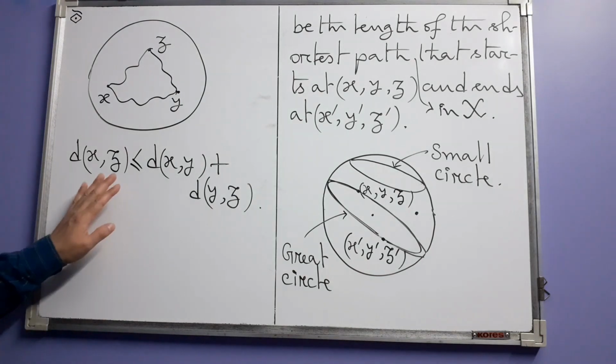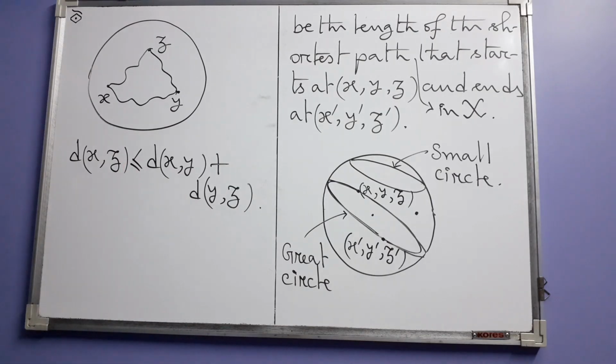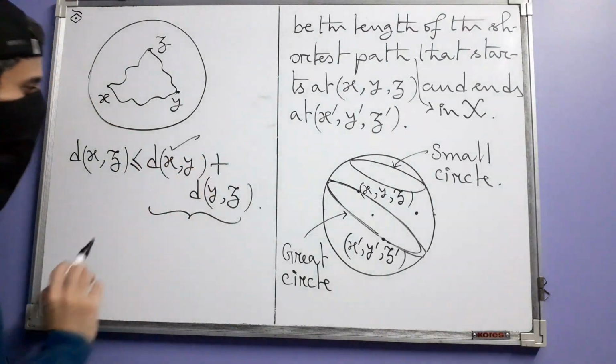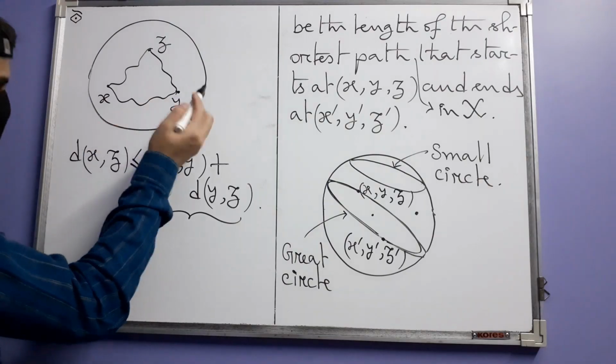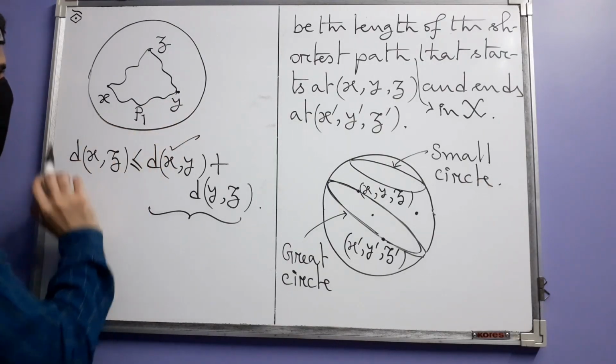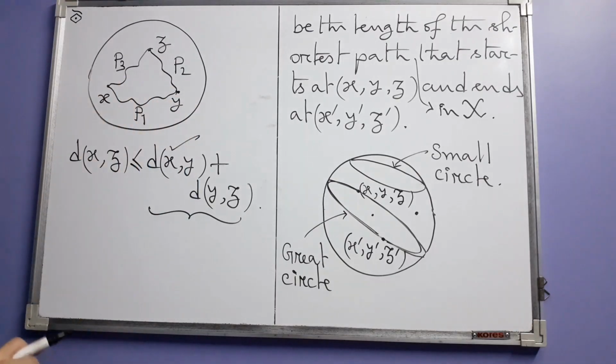Now you think of this side. What is this? This is the length of, let me give these paths some names. Let me call them P1, P2, P3.